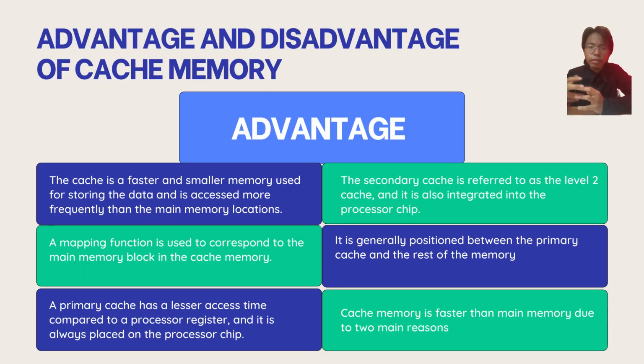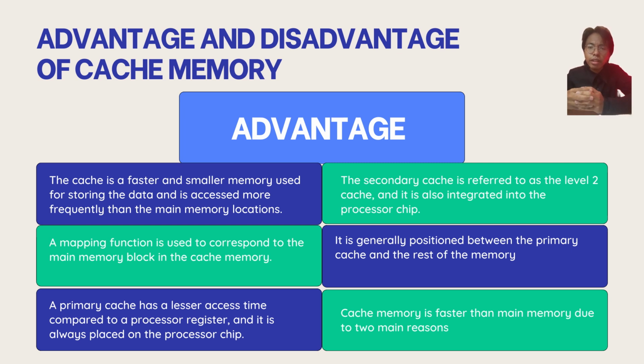Next are the advantages and disadvantages of cache memory. There are 6 points for the advantages of cache memory. The first one is that the cache is a faster and smaller memory used for storing data that is accessed more frequently than the main memory location. Secondly, a mapping function is used to correspond to the main memory block in the cache memory.